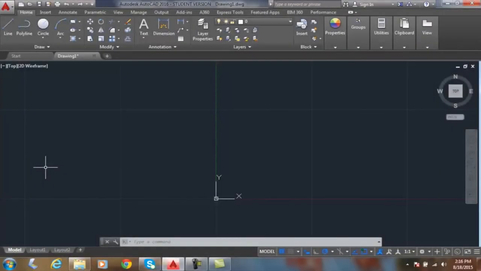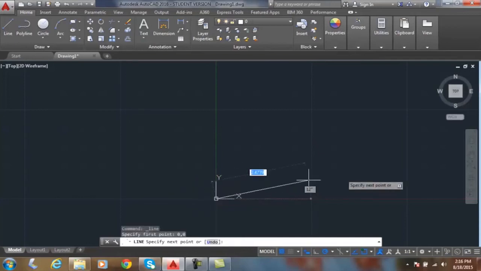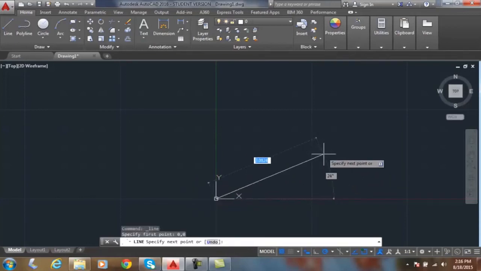Polar coordinates is when we want to draw a line, for example, with a certain distance at a certain angle. So for example, let's start a line and start the line at 0,0 now. I want to have a distance of 2 inches for polar coordinates.